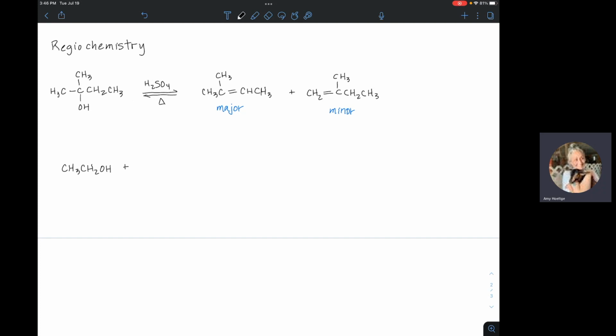And we'll allow this to react with an acid catalyst. And unlike in an E1 reaction, what's going to happen is all in one fell swoop, we're going to protonate our alcohol.